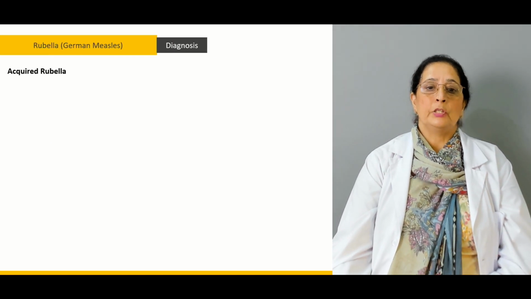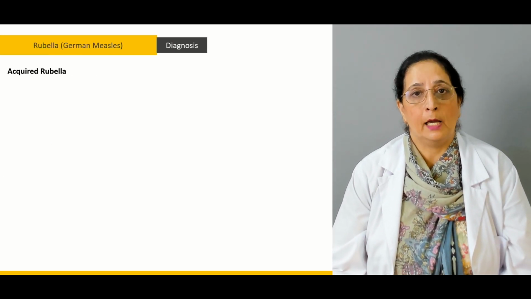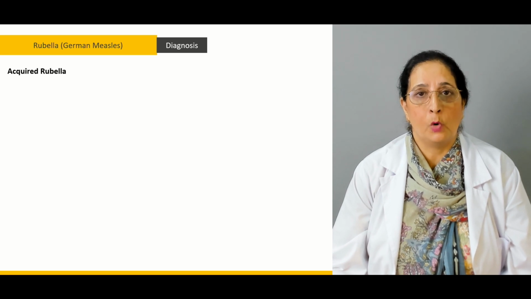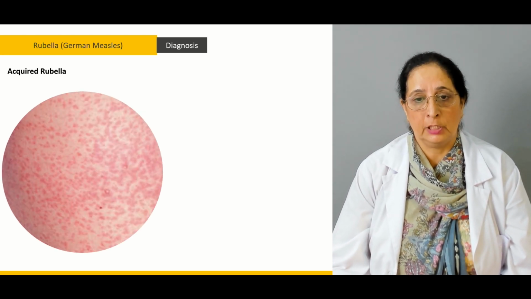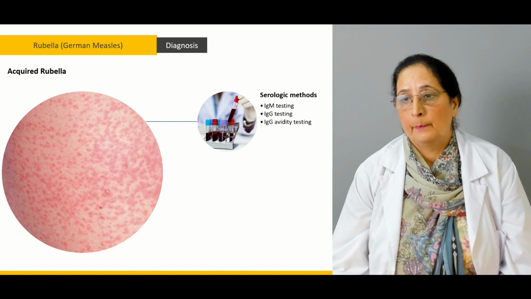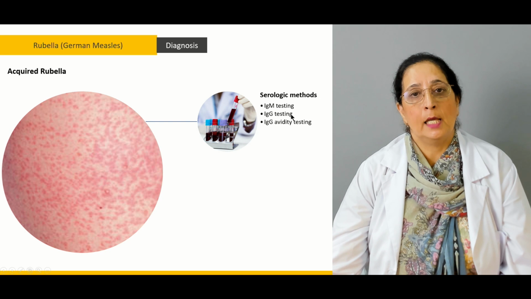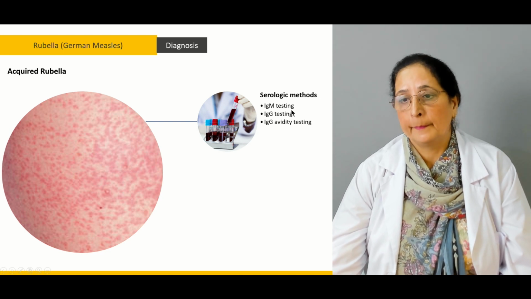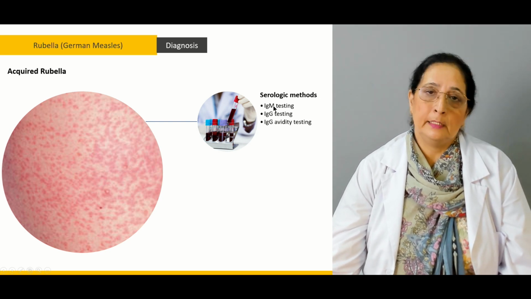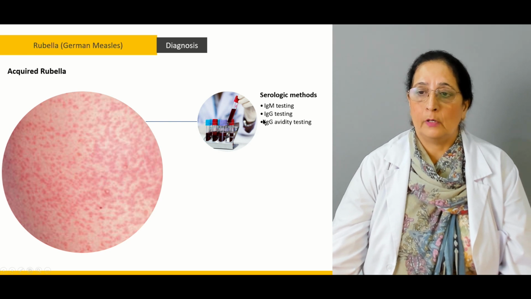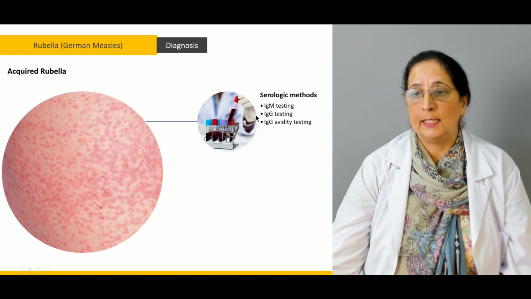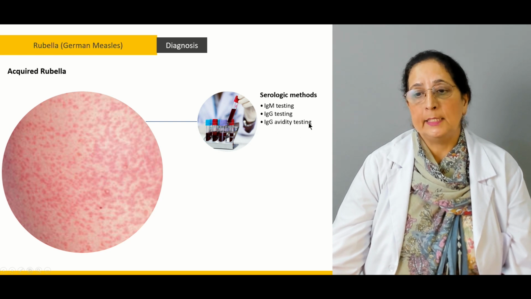Then the diagnosis of acquired rubella. How do we diagnose the acquired rubella infection? By the serologic method, which are tests done on the serum: IgM testing. These are all different antibodies: IgM testing, IgG testing, IgG avidity testing.